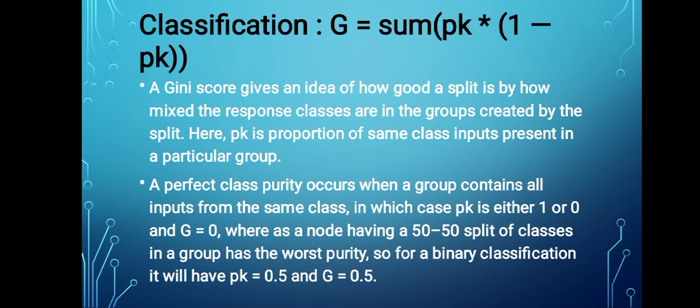Dito sa classification, the Gini index function is used which will provide an indication of how pure the nodes are. Example, G equals 1 minus quantity P1 to the power of 2 plus P2 to the power of 2.